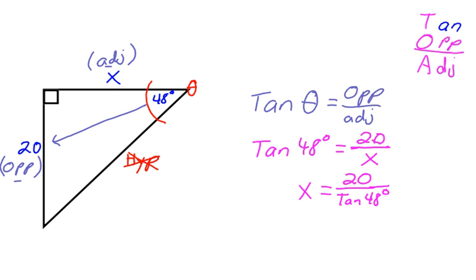So 20 divided by tangent 48 degrees. This is always how we set the problem up when the x is in the denominator.